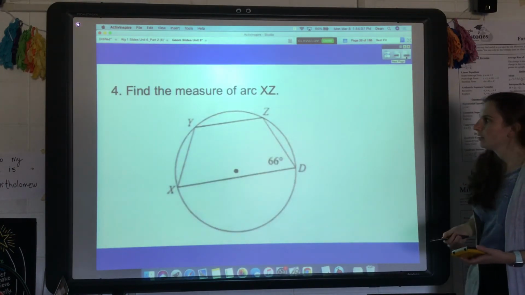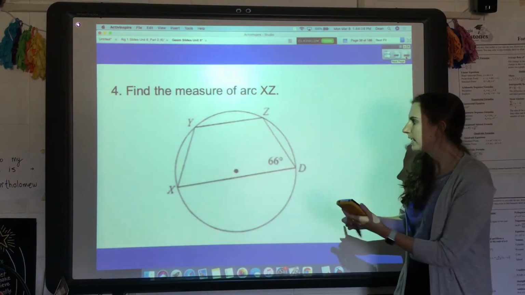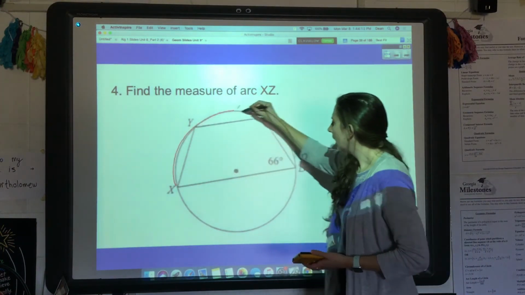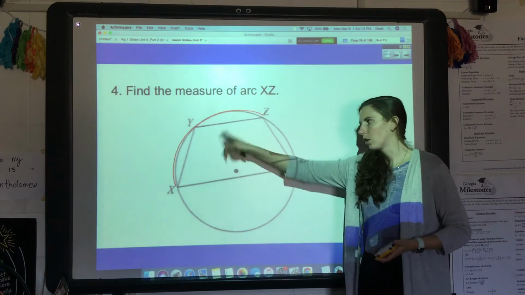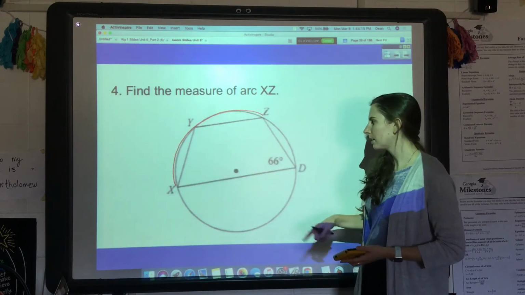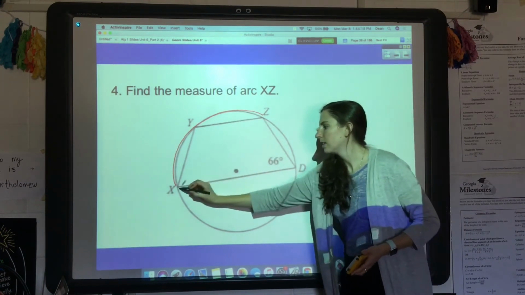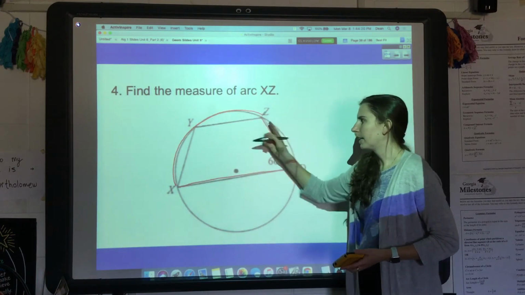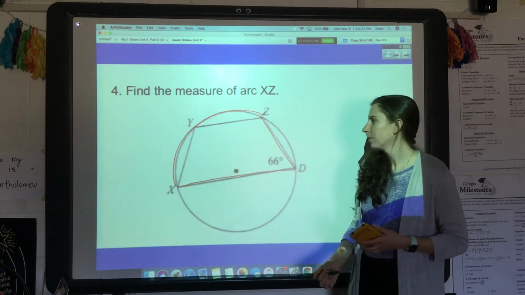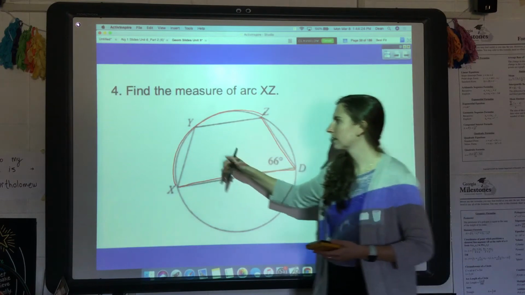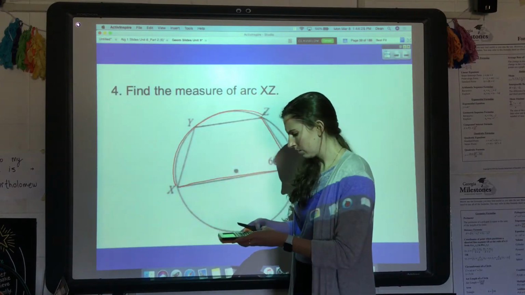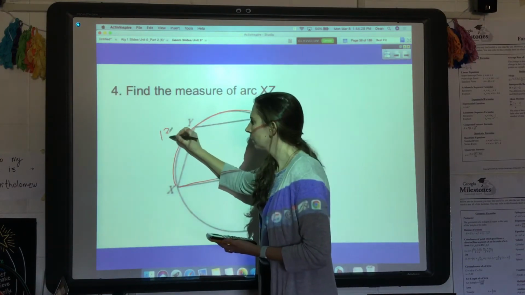On this one, the measure of arc XZ, I know that one looks complicated because of the whole polygon happening in here, but it's still just double this, because this angle subtends that arc, it goes with that arc. And so you still just double the 66. What is that, 130? Just want to check. 132 degrees.